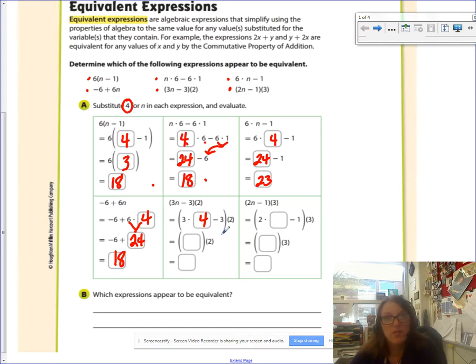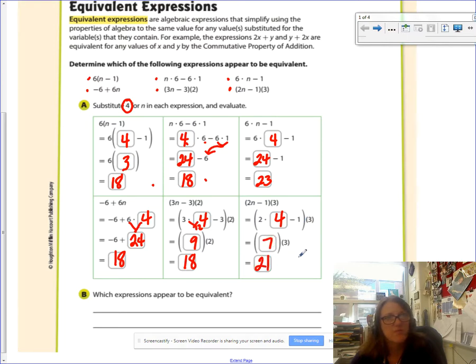Now inside my parentheses, I have 3 times 4 minus 3. That gives you 12, and 12 minus 3 is 9, which is 18. Last one to test. Substitute a 4. All right, 2 times 4 minus 1 in the parentheses is 7.